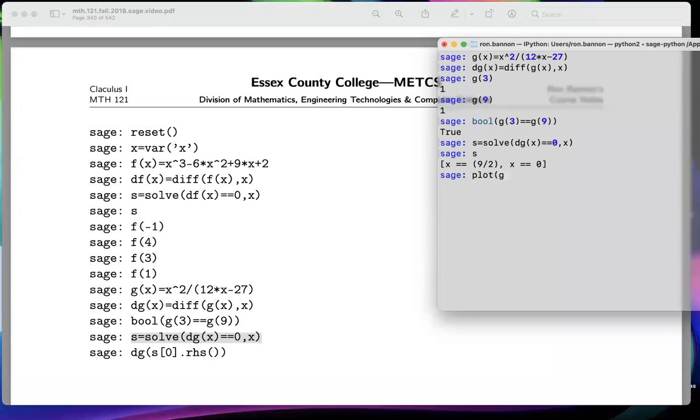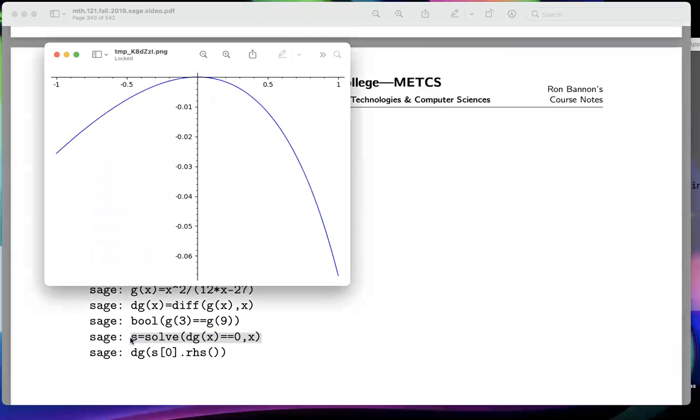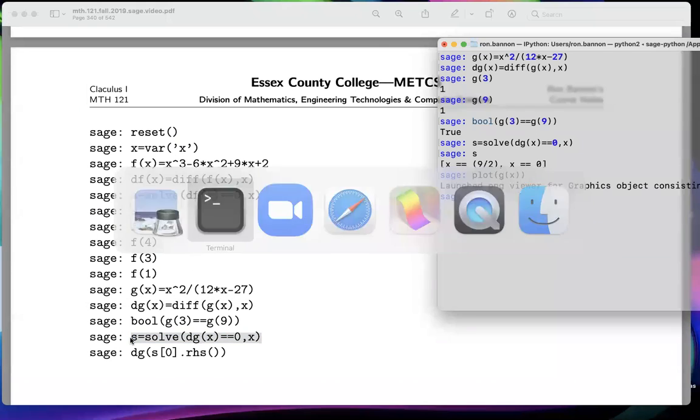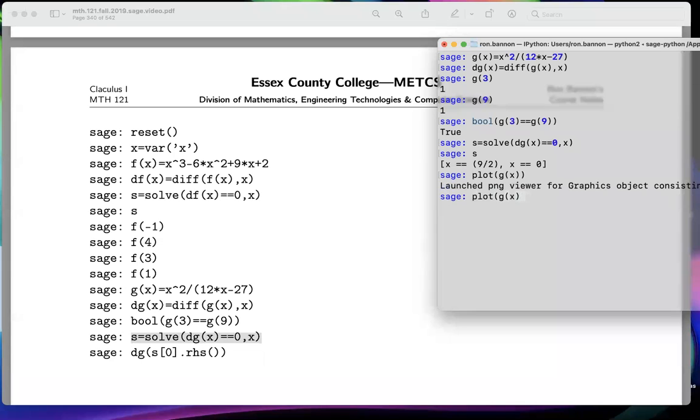I'm going to plot G of X now. And again, I don't like the picture. I'm going to close it and try again. So I'm going to plot this between X min, 3, and X max, 9.